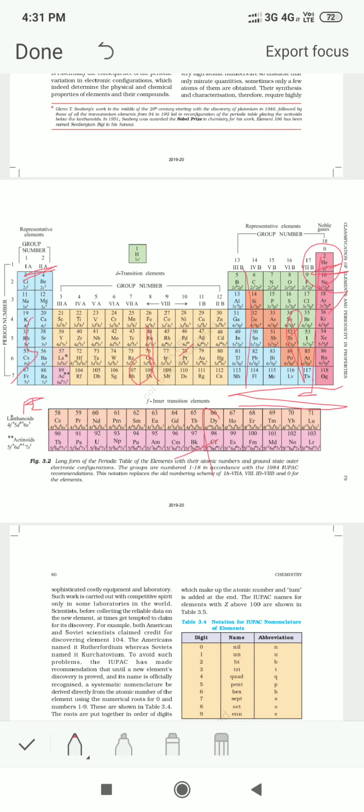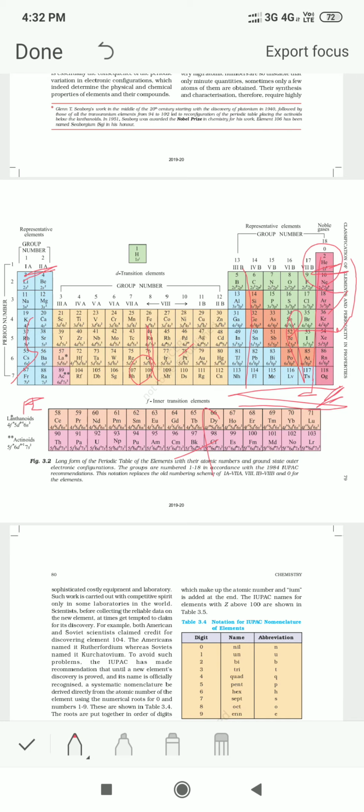The last group has p6 configuration, so it is completely filled. Now group 18 is of elements which are known as inert gases, since they have completely filled p orbitals.